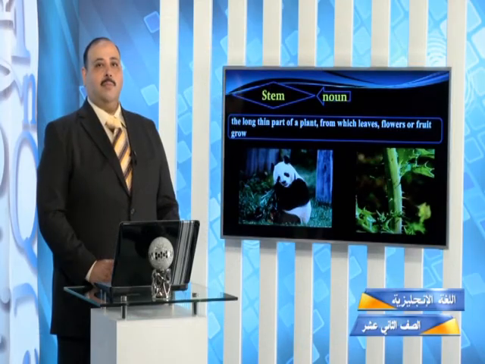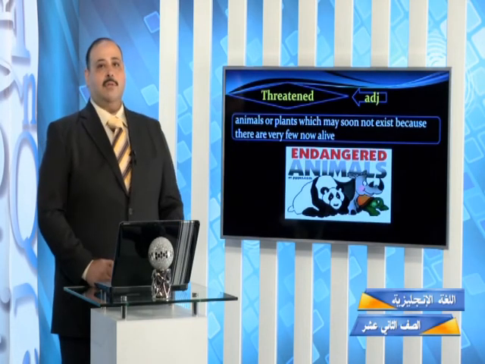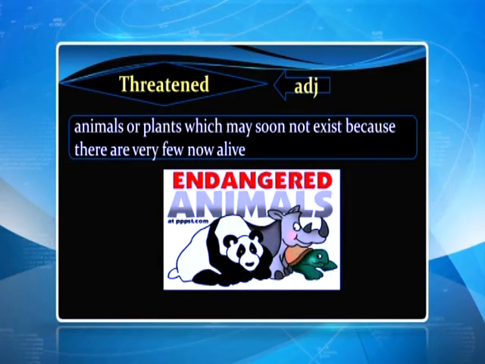All right, another important word that is used to describe animals that are facing the danger of extinction is threatened. Threatened. Now it is also an adjective, and as you see, the picture contains the animals that are about to face extinction.